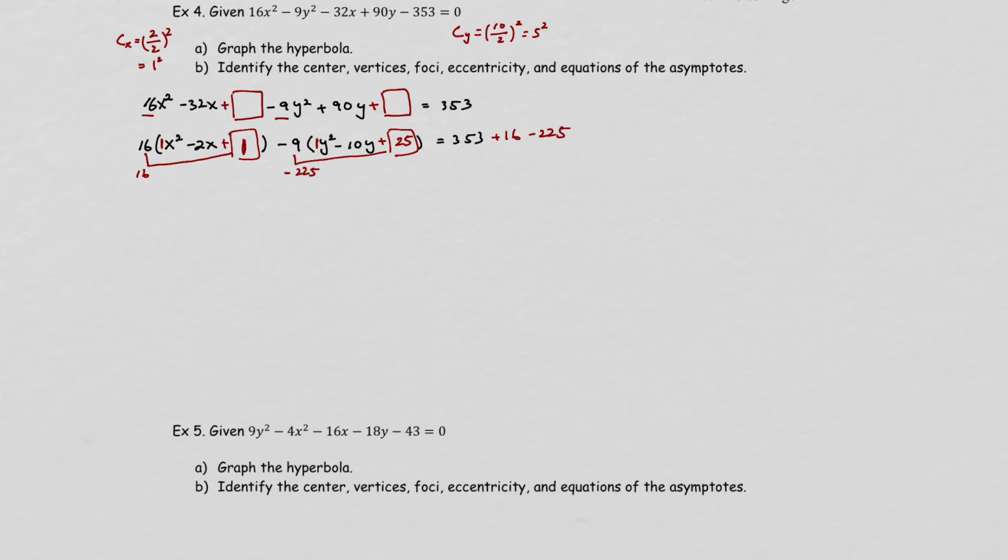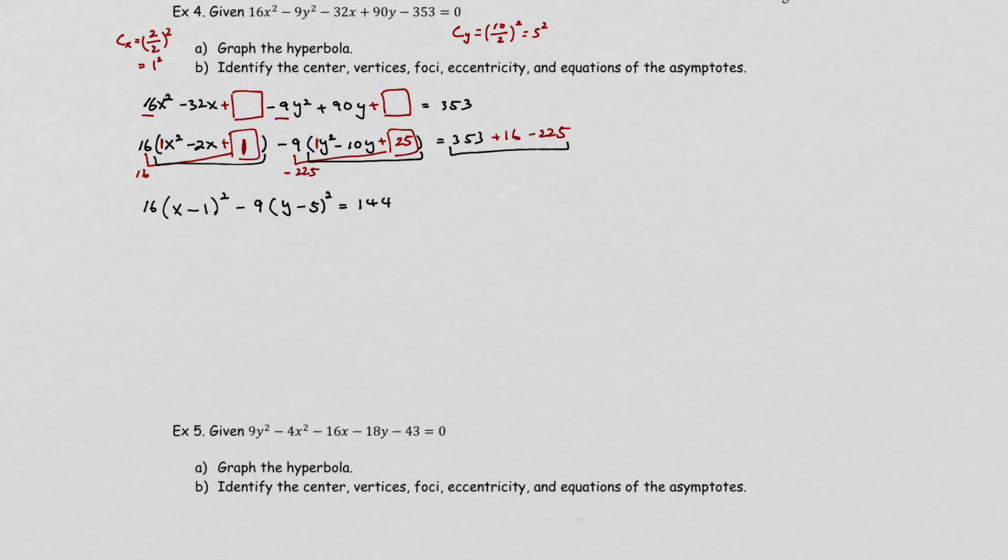Now when you simplify, I have 16 times this trinomial, which when you factor, you get (x − 1)². And you have −9 times this trinomial, which when you factor, you get (y − 5)² equals, when you add all this up, 144.